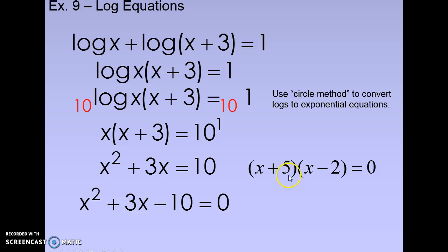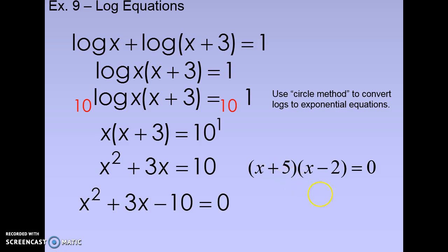The only way that happens is if I use a positive 5 and a negative 2. This minus sign tells me I have different signs in my factors, and the positive in front of the 3x tells me that my biggest number will have to be positive. So x plus 5, x minus 2 equals 0.